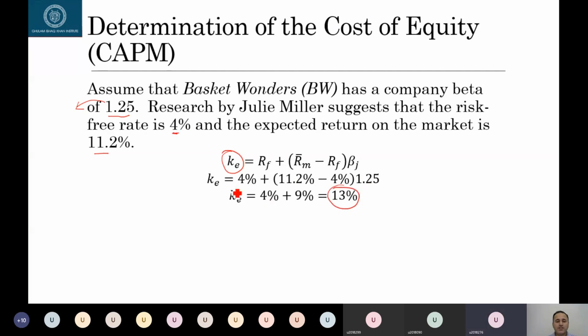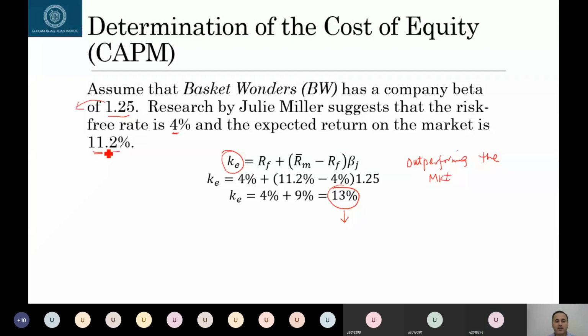which is 13%. As you can see, the market return was only 11.2%, but the single stock return is 13%. So actually, we are outperforming the market.